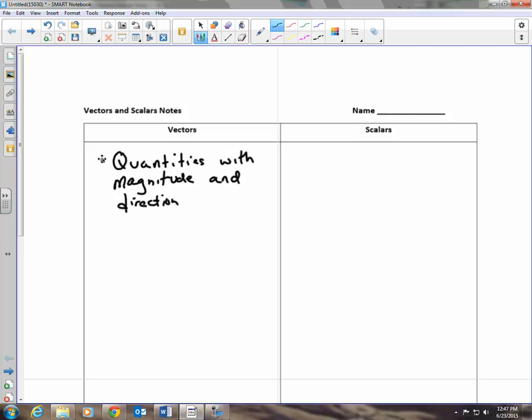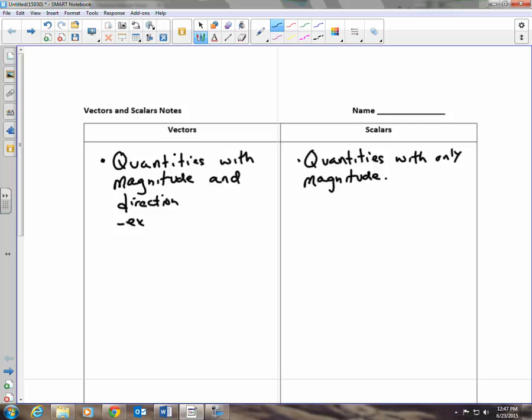Important. And scalars are quantities with only magnitude. So direction is not going to be important.